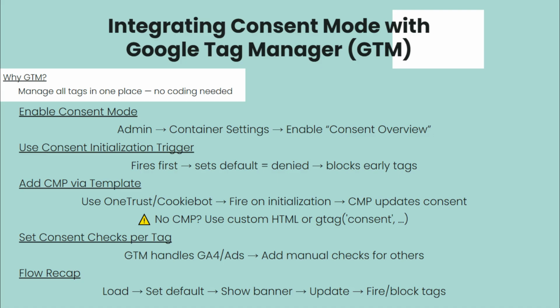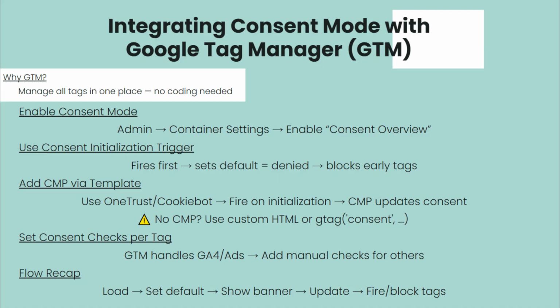That tag's job is to communicate the initial consent state to Google's gtag system immediately when the page loads, before any tracking tag tries to fire. For example, it might tell Google, hey, until I hear otherwise, assume ad storage denied, analytics storage denied, etc. We'll configure these specifics on the next slides.